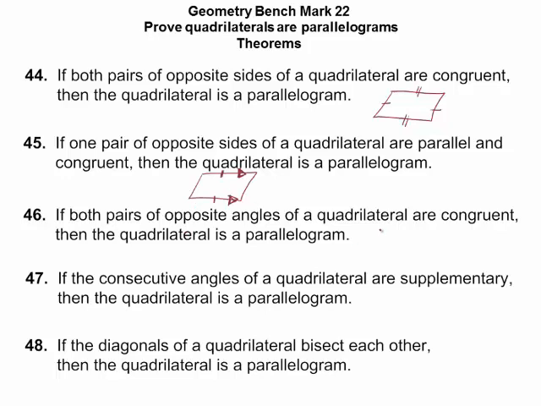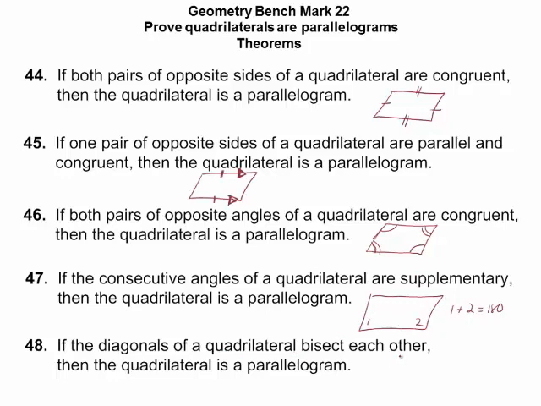If both pairs of opposite angles are congruent, so if you have this is the same as this, and this is the same as this, then you're a parallelogram. If 1 plus 2 equals 180, you're a parallelogram. If consecutive angles.